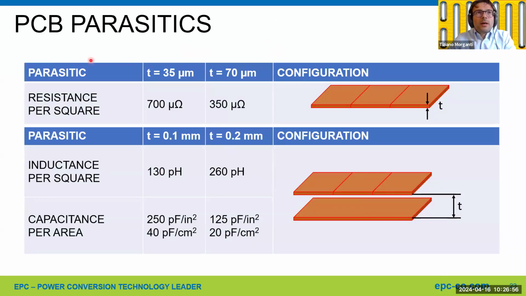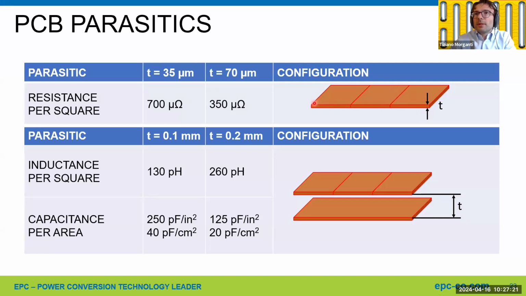Okay, let's have a look at the PCB parasitics. This is not a complete guide to the PCB parasitics, but it's just to have some numbers in mind when you lay out a PCB. So the resistance of a copper path on a PCB, this is the configuration.